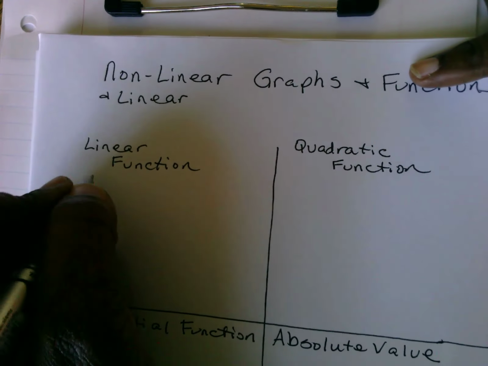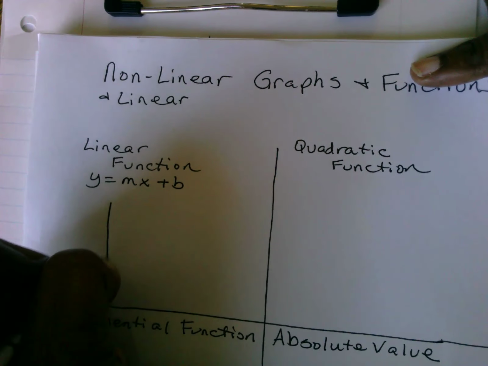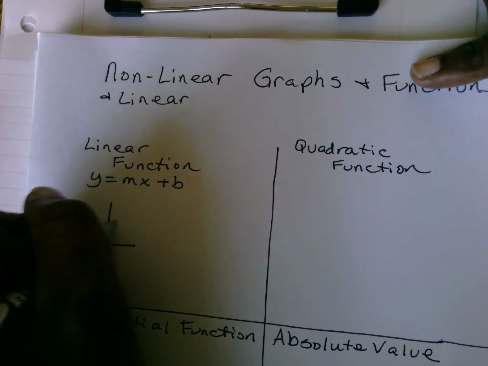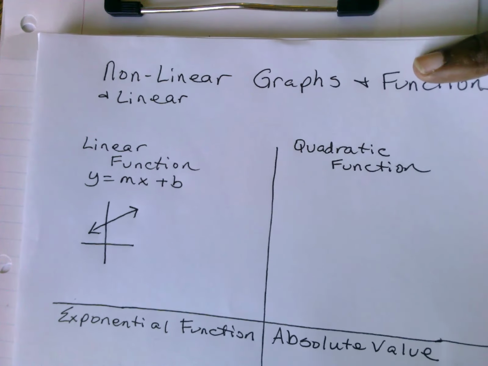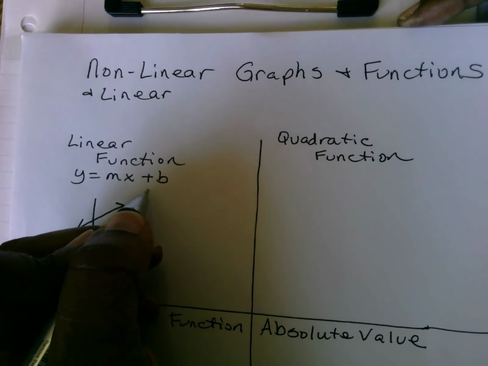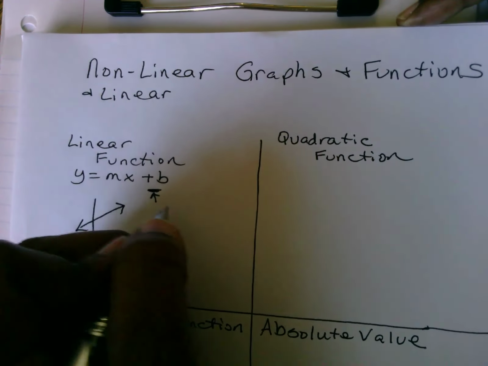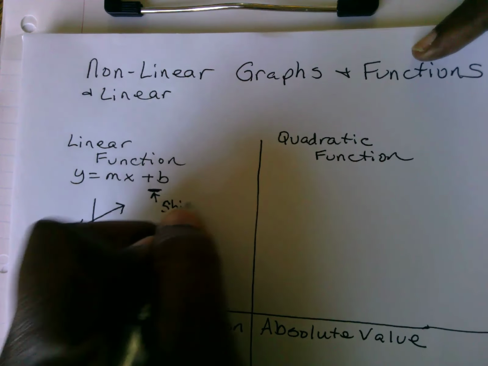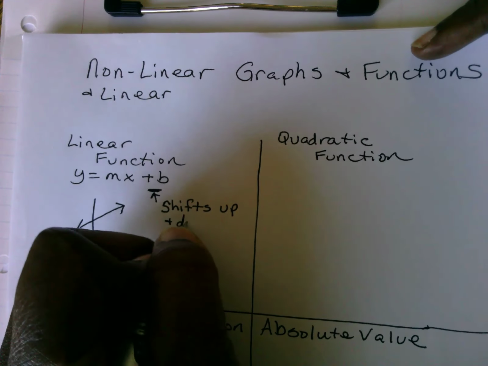This linear function is y equals mx plus b. We all know that it is a straight line. If we shift this b, the graph will go up and down.